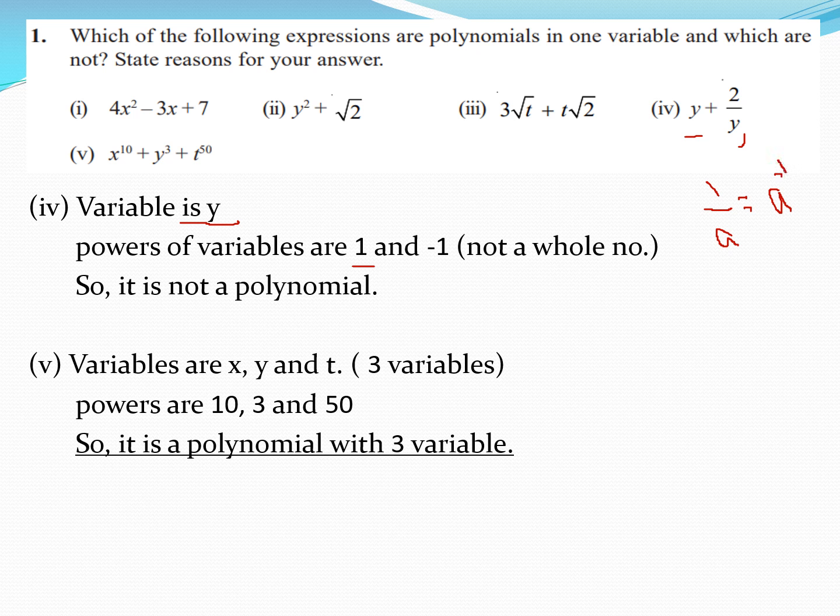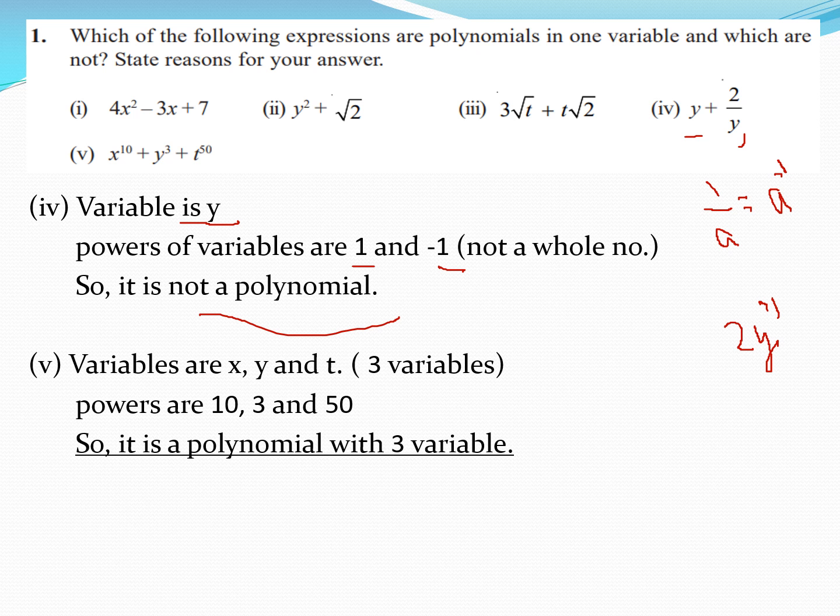Same way here, 2 upon y, we can write it as 2 multiplied by y raised to power minus 1. So here the power is 1, but in the second term the power is minus 1. Now again, minus 1 is not a whole number. So the given algebraic expression is not a polynomial.